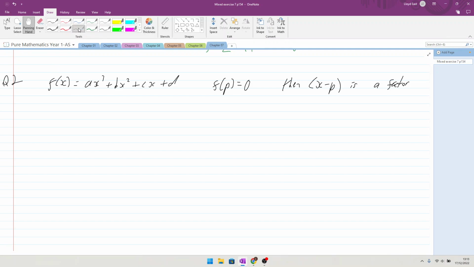So, if we put p in, if we do f of p, we can end up with ap cubed plus bp squared plus cp plus d, and that will equal 0.